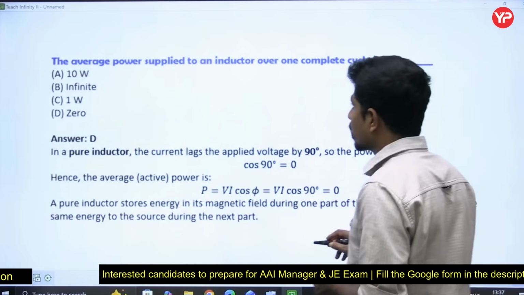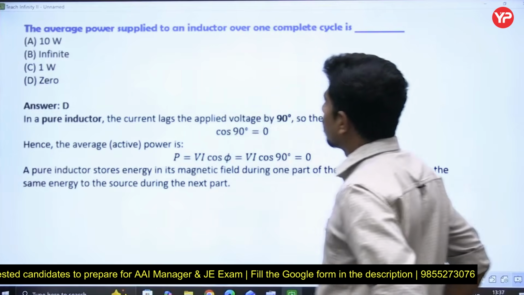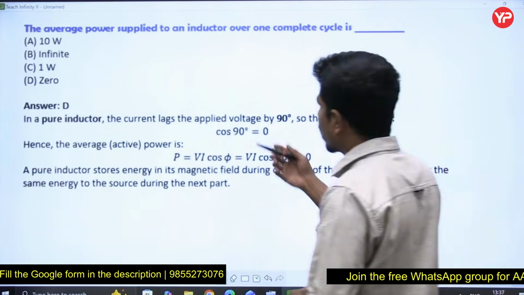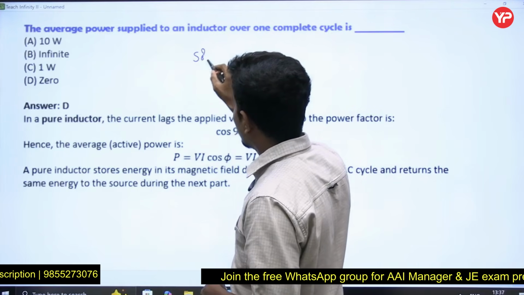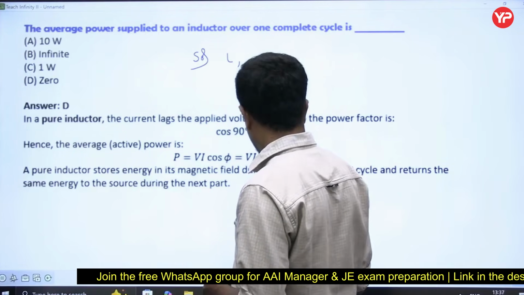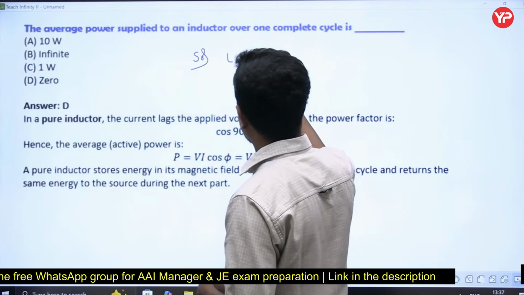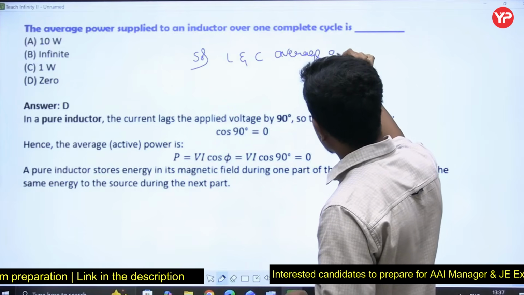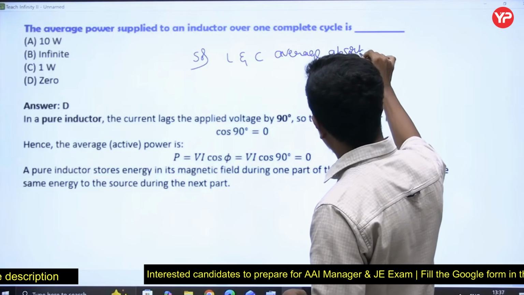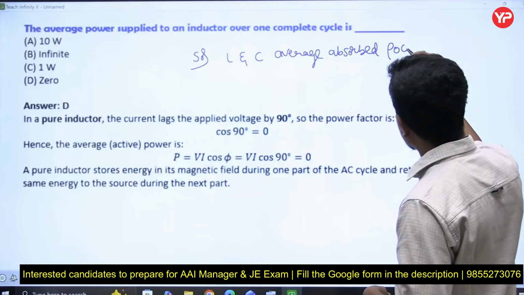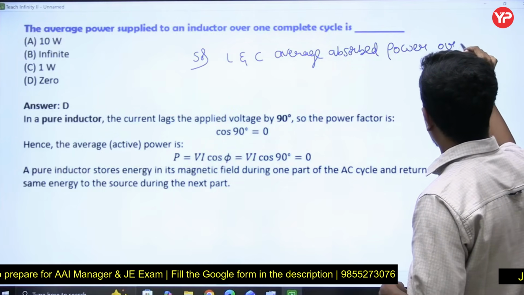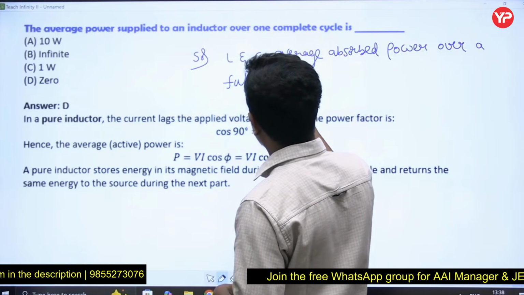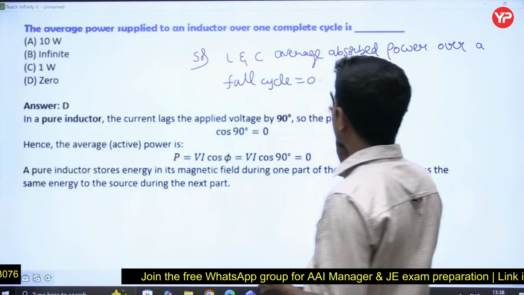The average power supplied to an inductor over one complete cycle is, do remember, for inductor and capacitor, the average absorbed power over a full cycle is exactly equal to 0.